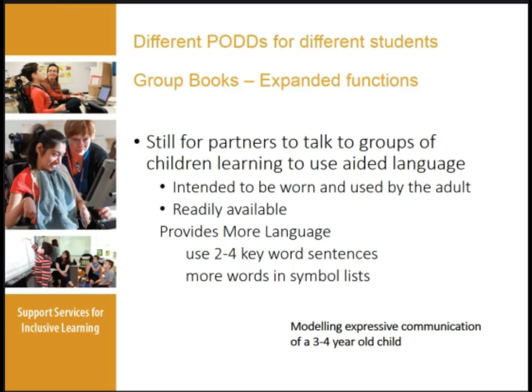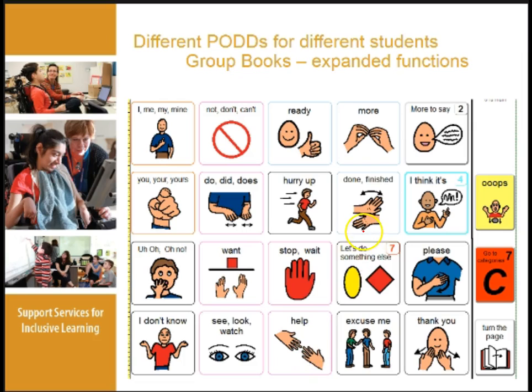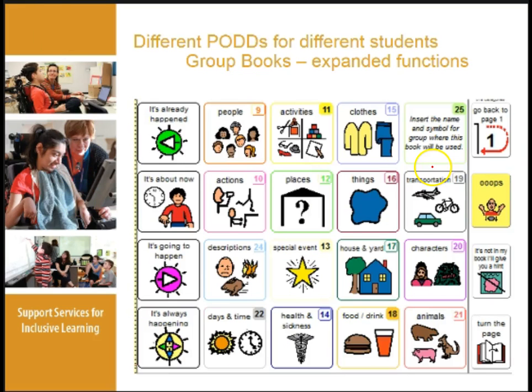The group book with expanded functions has the symbols from the Early Functions version and provides a large amount of extended vocabulary, so we can be more specific. Let's do something else. Go for a ride.